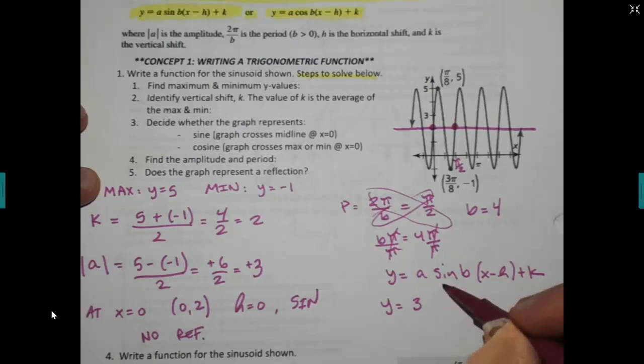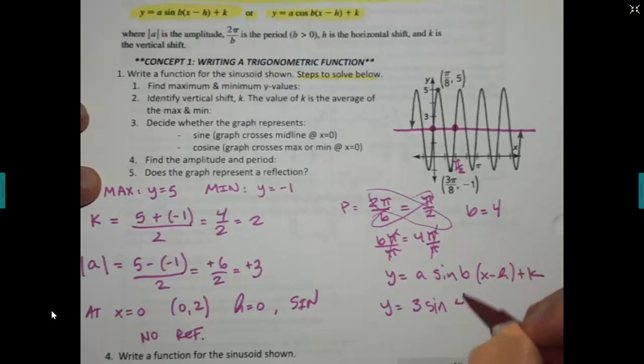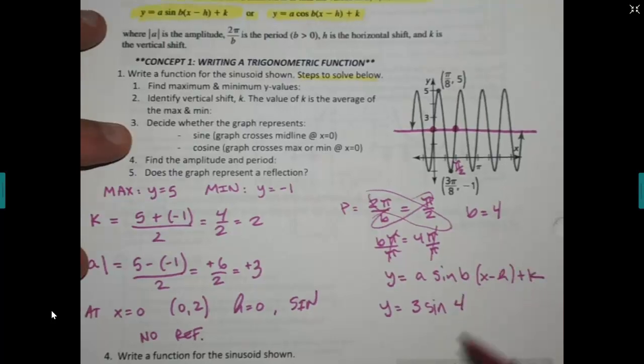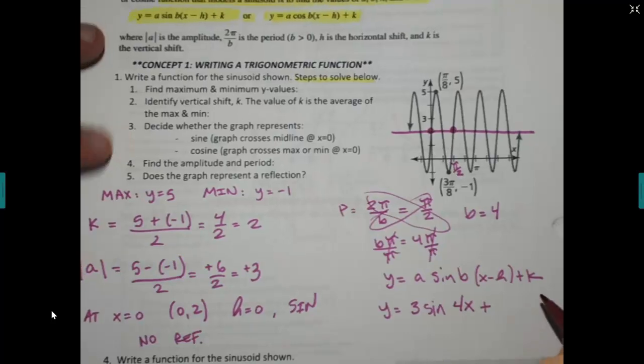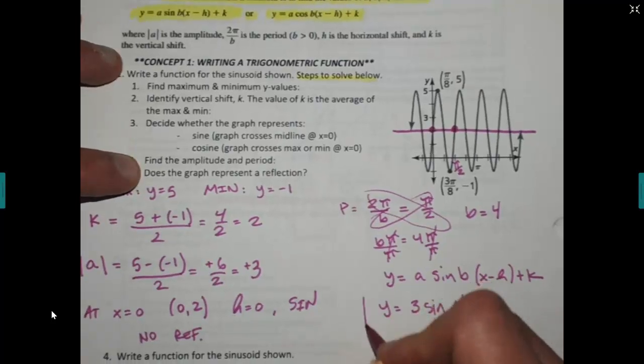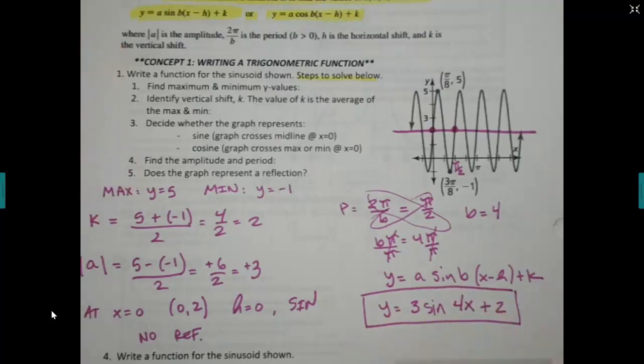Then sine, b is 4, what I solved for, and h is 0, so x minus 0 is just x, and then plus k, which is 2, and there is the equation I'm looking for. y equals 3 sine 4x plus 2.